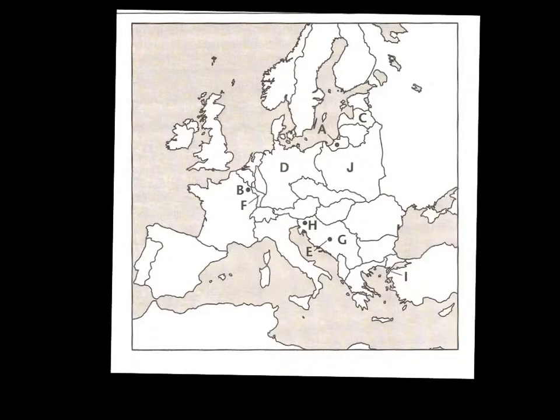So F, for example, is Alsace-Lorraine. You don't have to do battles, but some of your maps show battles. For example, B is Verdun, the Battle of Verdun. Caporetto, the Battle, is H. And that battle was certainly a battle that Germany really handily defeated Italy.